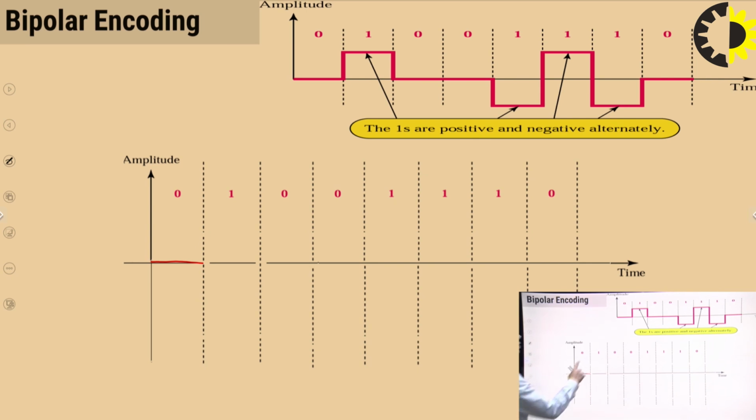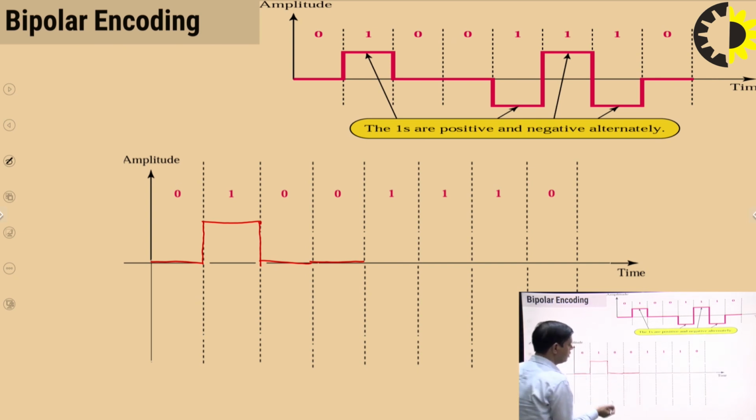baseline. Now 1 is encountered, then because 1 is used for both positive and negative, first of all we are using the positive voltage, then again 0 on the baseline, again 0 on the baseline. Now when the next time 1 is encountered, if it was positive before, then it will be inverted.